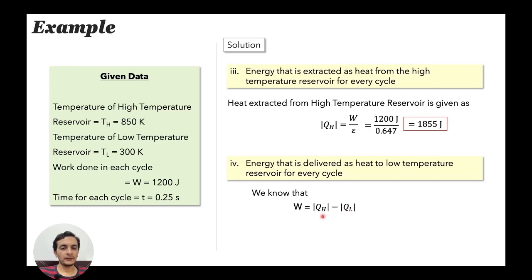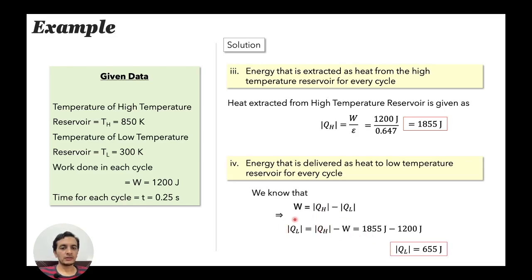As you might remember, the Carnot engine absorbs some heat QH from the high temperature reservoir, converts a part of it into work, and releases the rest of the energy to the low temperature reservoir. We simply put these values here now.